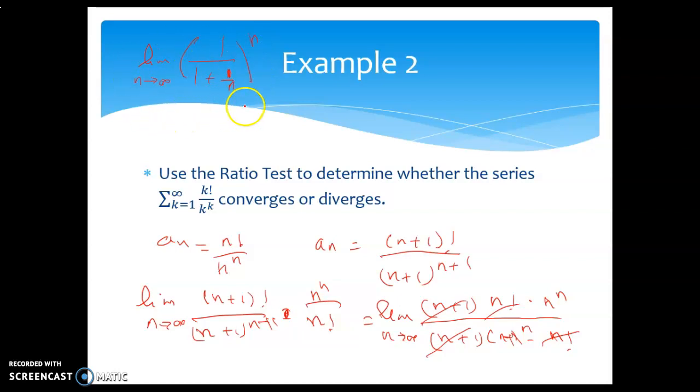The limit of this one is equal to e. So I have 1 over e. So 1 over e basically is less than 1. Okay, so then this converges here.